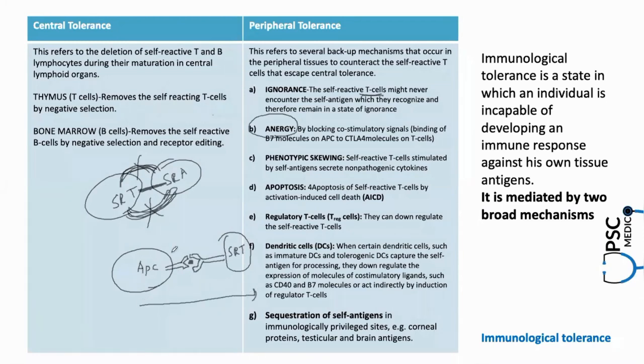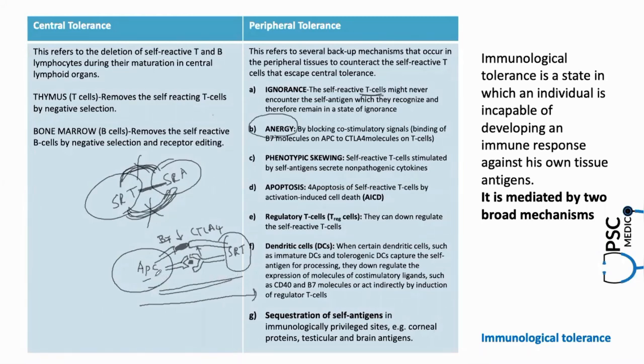There are some co-stimulatory molecules. One very important one is the B7 molecule, which is present on the APC. Another co-stimulatory molecule is CTLA4, which is present on the T lymphocyte. So whenever they interact, they produce some co-stimulatory signals so that this reaction can happen.